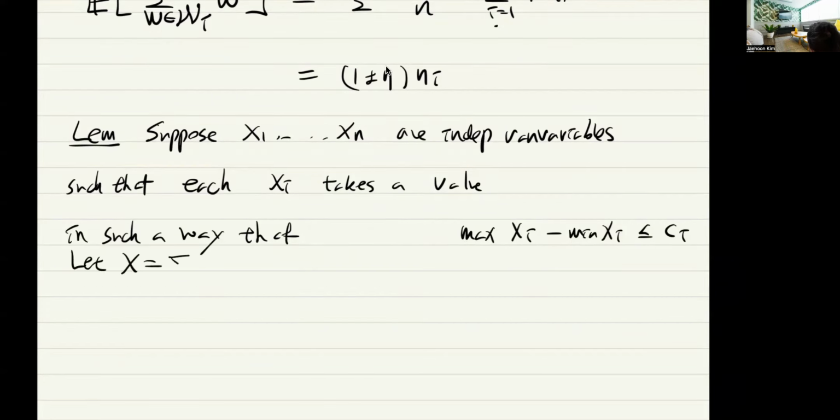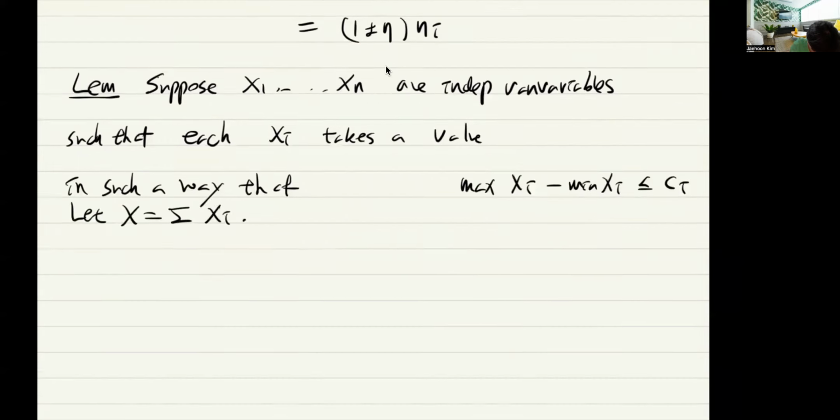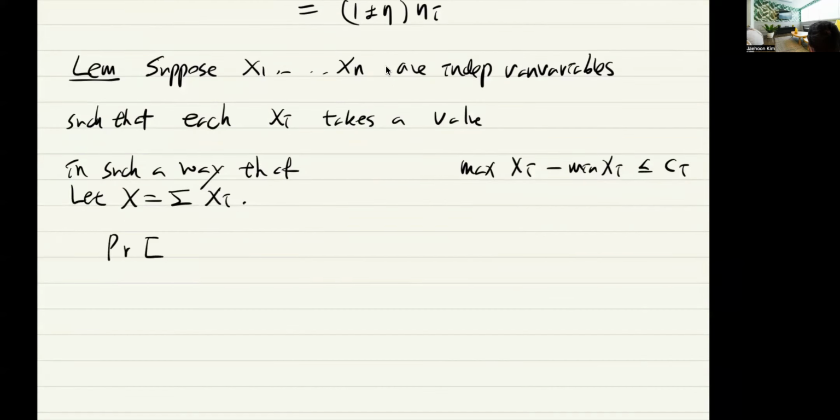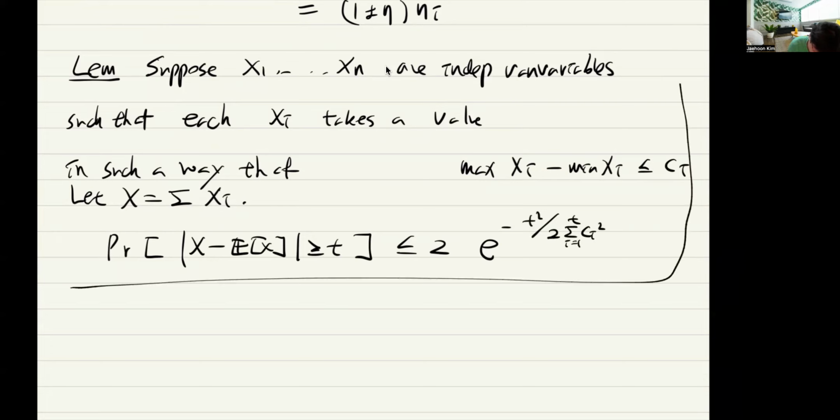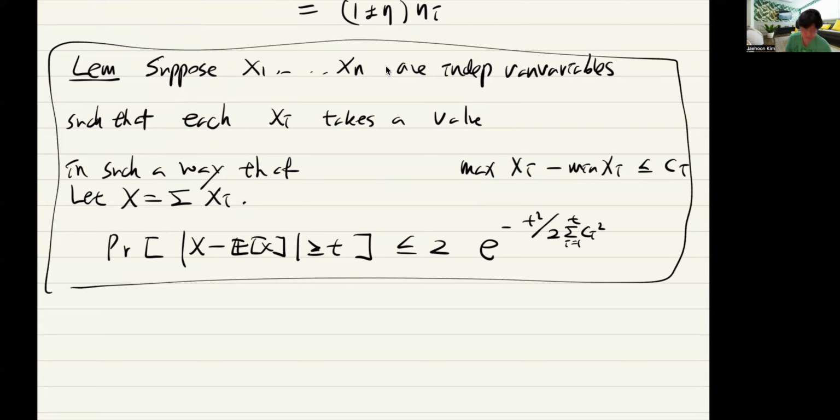Let X be the summation of xi. Then the probability that X deviates from its expectation by more than t is at most 2 times e to the negative t squared divided by 2 times the summation of c_i squared. So this is the weighted version of the Chernoff bound.